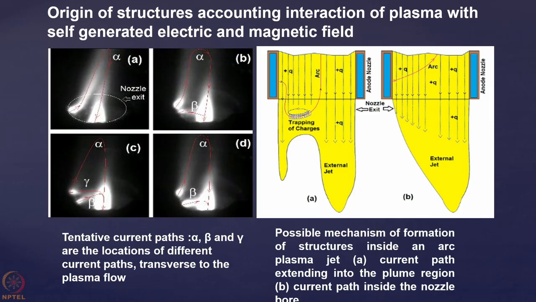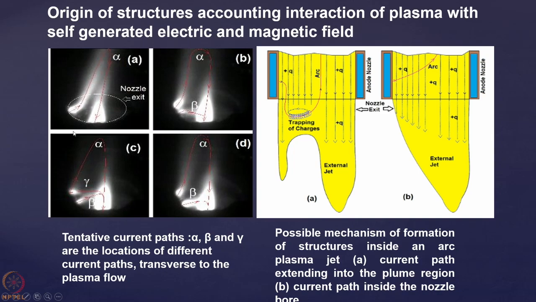Here I have done the first photography, and this jet is coming out from the cathode, and the plasma is discharging upward. Within this plasma jet, this central part is the jet coming out from the cathode, and this path is the return path which is connecting to the anode.